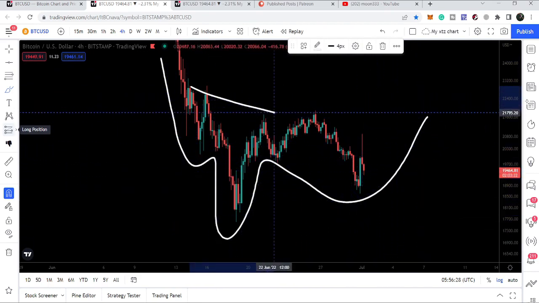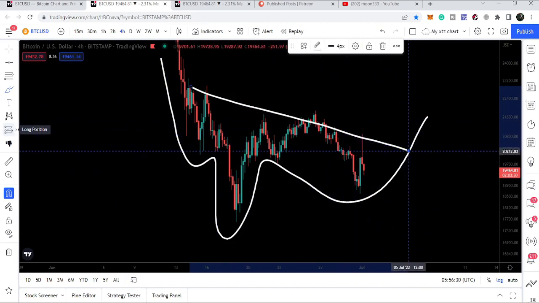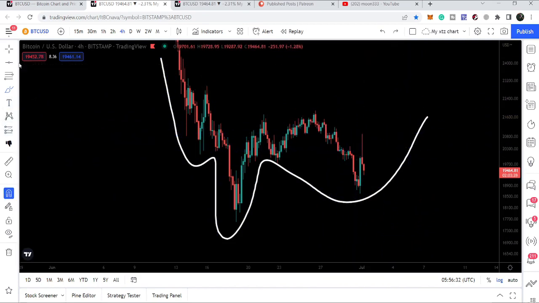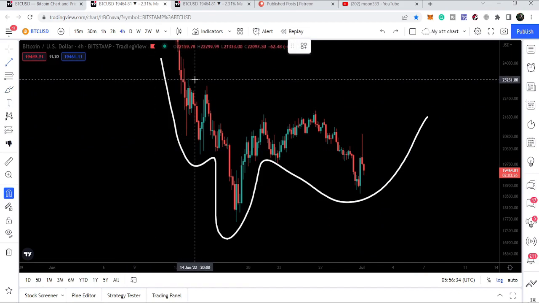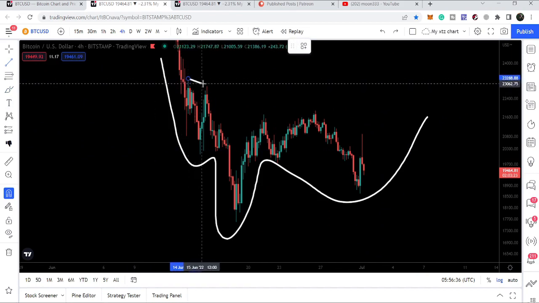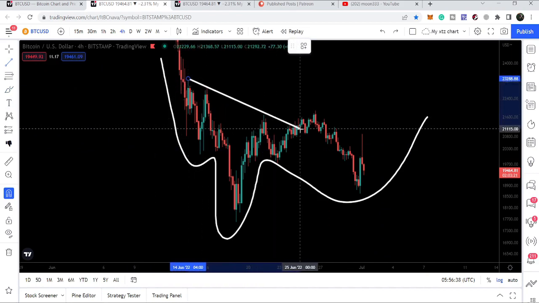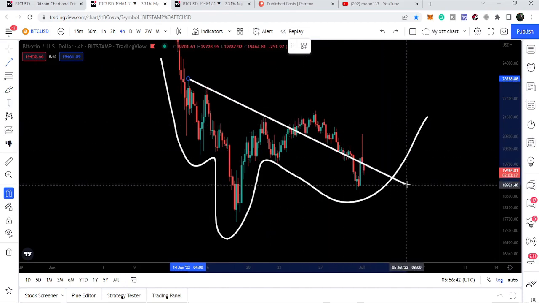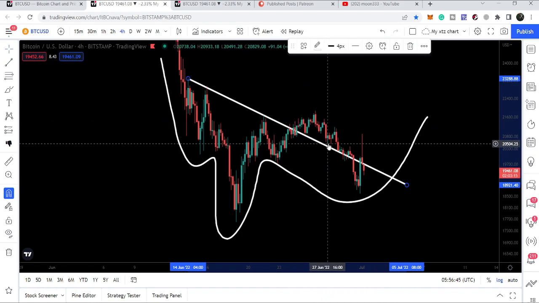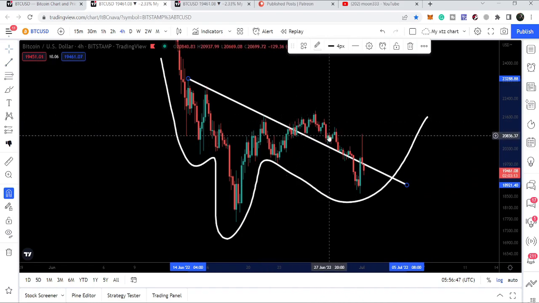And this time the neckline can be here. Now let's take a look at the previous neckline that I was showing you. Here we had a rejection, here we had a rejection, and this was the final rejection, and we were moving above this resistance of the neckline of this inverse head and shoulder pattern.